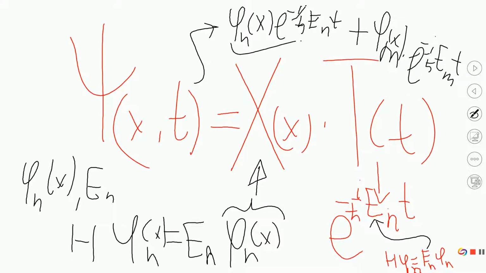So this linear combination will be a solution as well. And one can also put some weights, c sub m and c sub n, in front of them. And one can use different proportions of these coefficients, and this combination still will be a solution of the time-dependent Schrödinger equation.